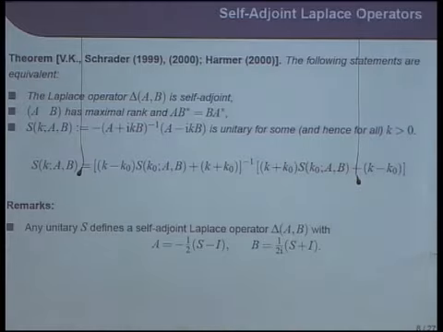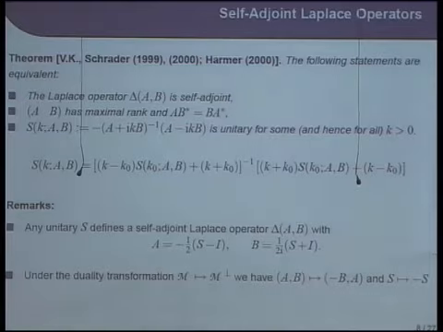And now a few remarks. Actually, any unitary S defines boundary conditions for some self-adjoint operator delta AB. This is a transformation which one has to use: simply calculate A and B from S. Then the next one. What happens under the duality transformation with A, B, and S?